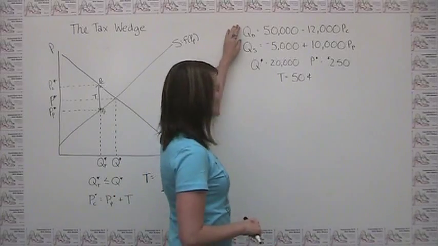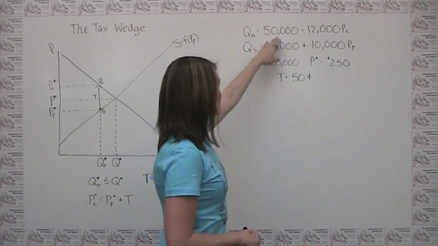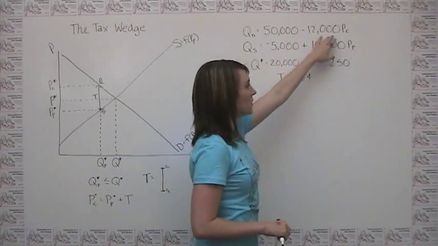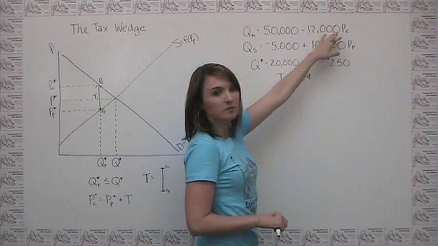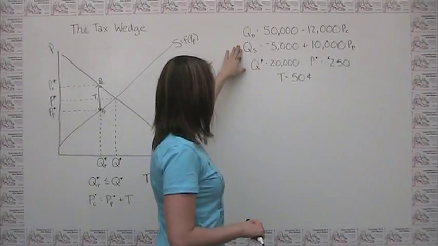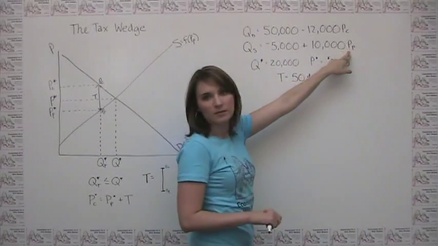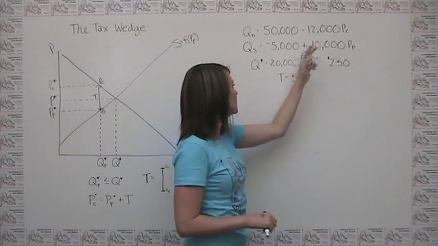So you'll notice that the demand curve that we've been using is quantity demanded is equal to 50,000 minus 12,000 times the price to the consumer. The supply curve that we've been using is quantity supplied is equal to negative 5,000 plus 10,000 times the price to the producer.